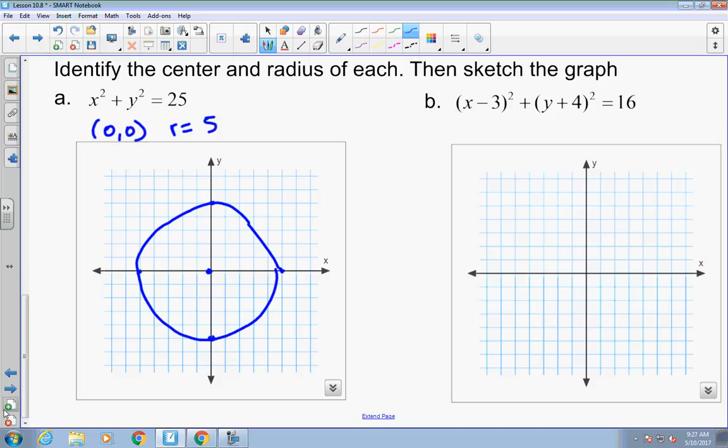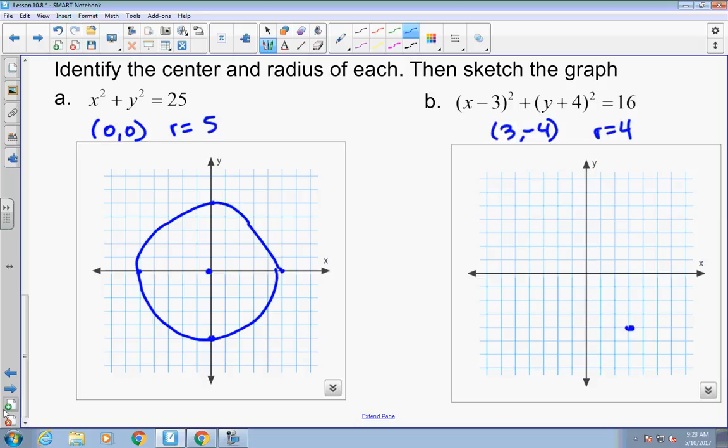What about this one? Where's its center? It's in standard form. 3, negative 4. Remember, it takes on the opposite sign for the center. So 3, negative 4 is my center, and what is the radius? All right, so then we graph it. 1, 2, 3, 1, 2, 3, 4.